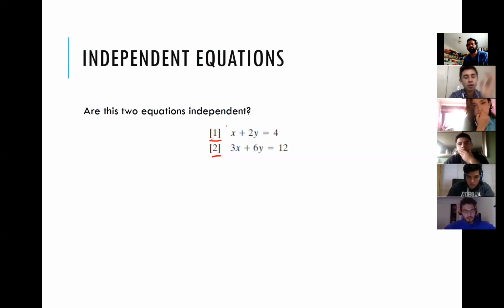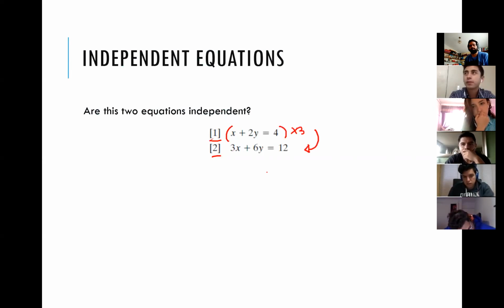In this case, yes, right? For example, if we have this one and we multiply it by 3, you're going to have the second one, right? So these are not independent equations, of course, okay? Because we can arrive at the other one doing a simple mathematical operation like a multiplication or a division, okay?